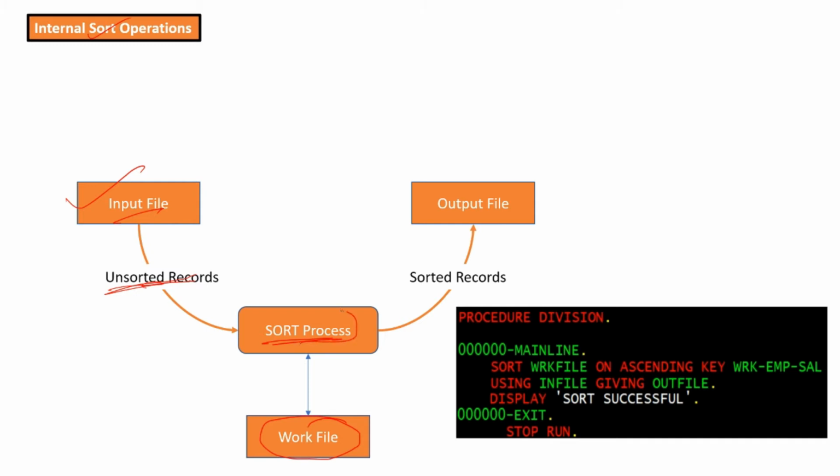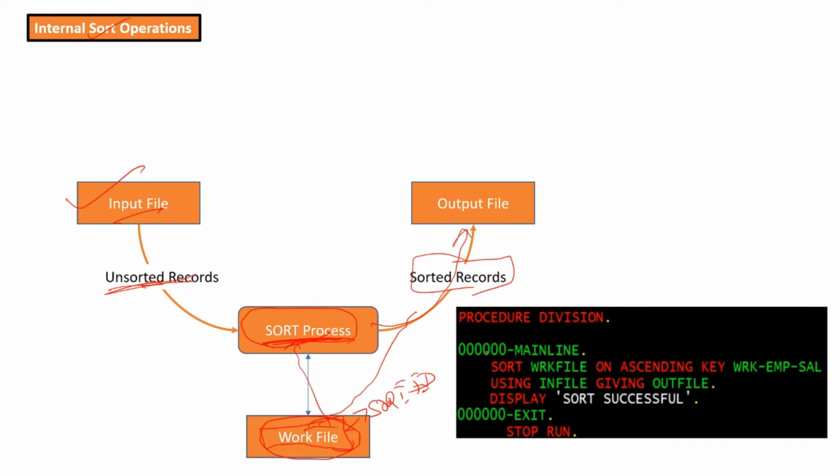After that, the sorting process happens. And after that, our work file, our temporary file, will contain the sorted data, meaning after all records are sorted. Then we move the data from the work file, and after that it will move all the sorted records into the output file.